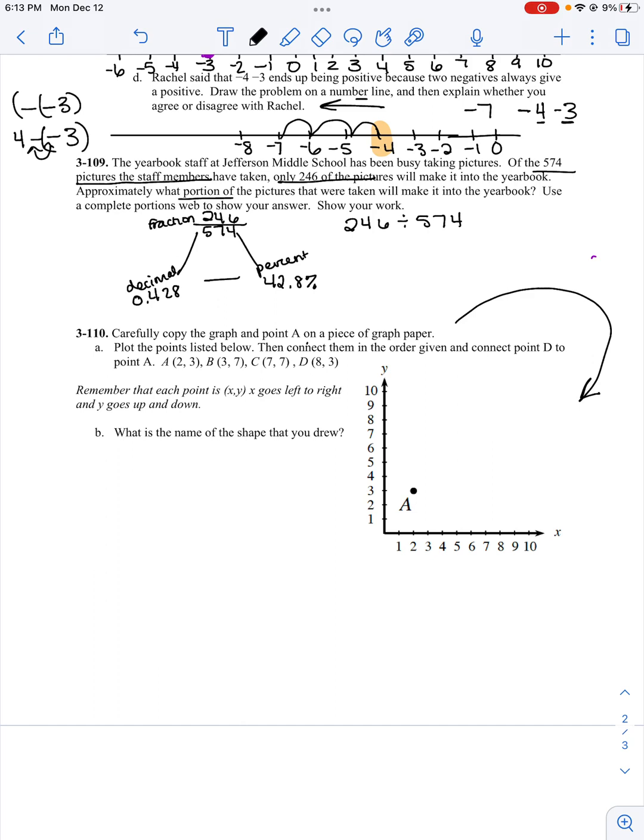So 2 to the right, up 3. For point B, I go to the 3, and I go up to the 7. Okay. The next one, I go from the 7 up to a 7. And for part D, I go over to 8 and then up 3.